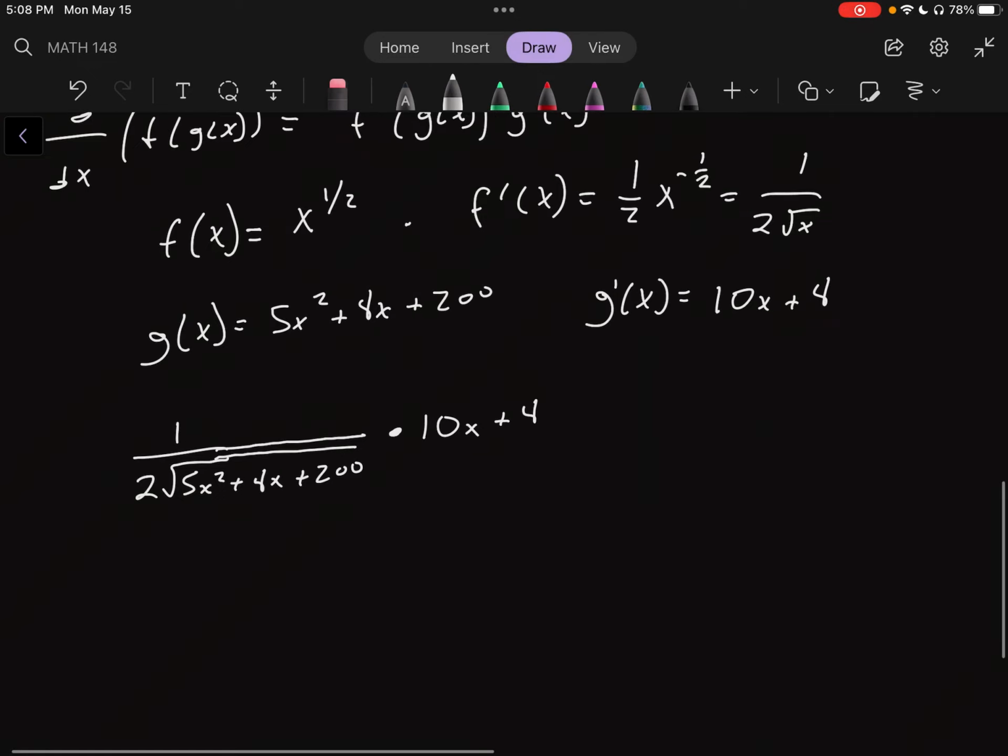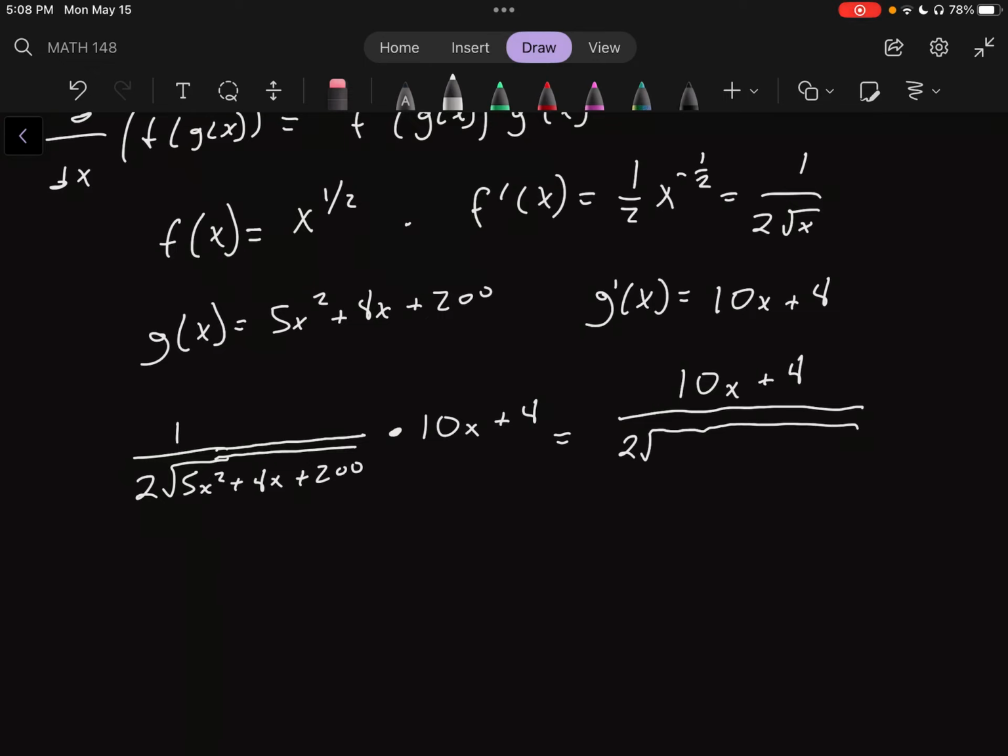So now we can combine these: 10x plus 4 over 2 times the square root of 5x squared plus 4x plus 200.